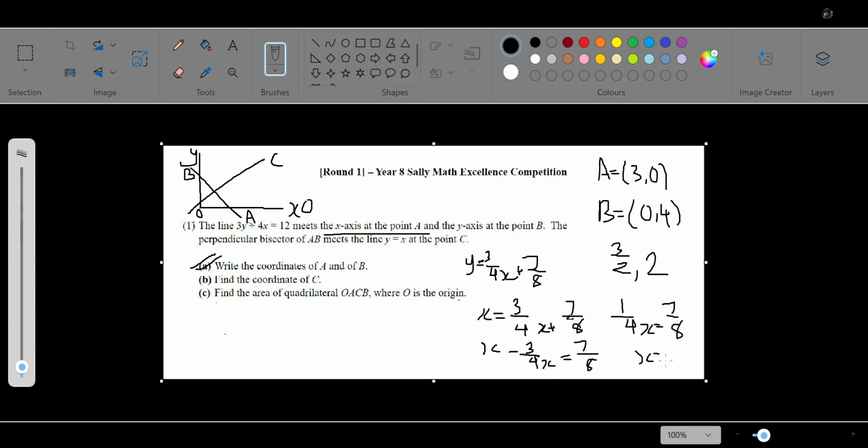So x equals 7 multiplied by 2. You get x equals 7 over 2, which makes the coordinate of C 7 over 2 and 7 over 2. So I'll write it here, and I'll erase the rest of this.